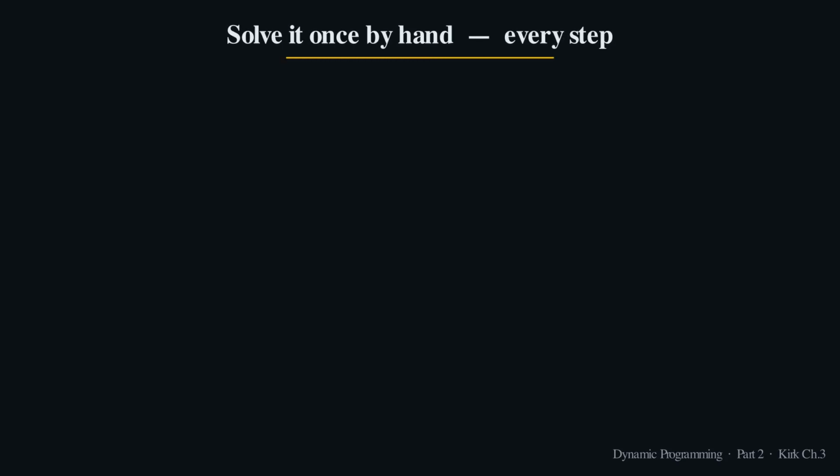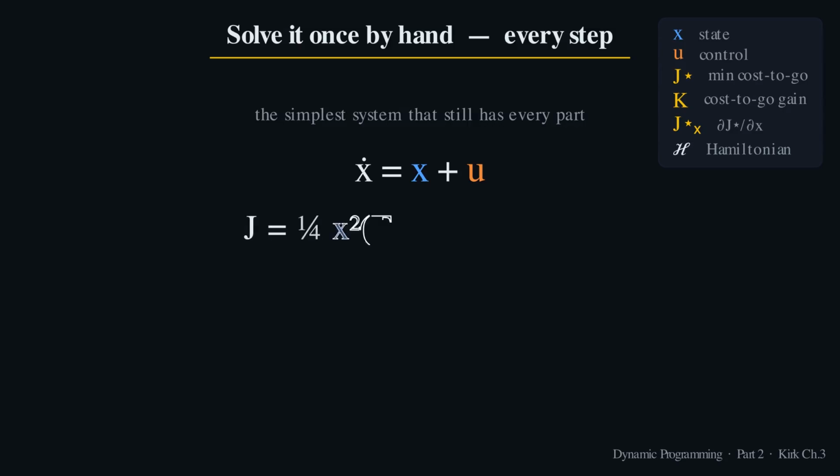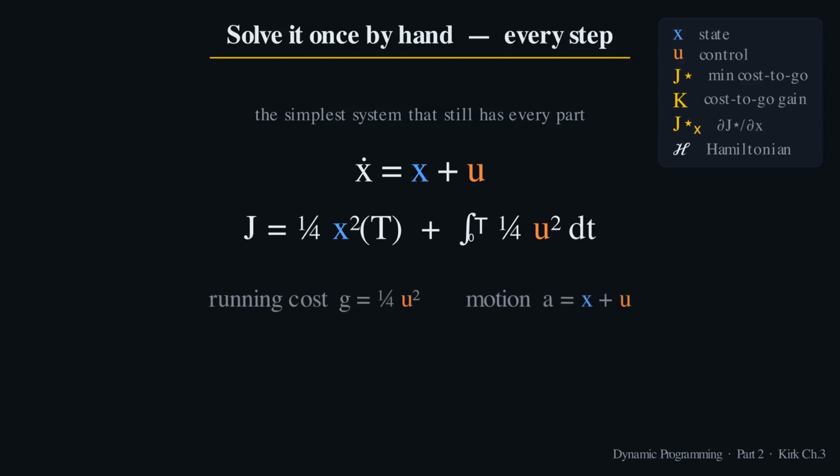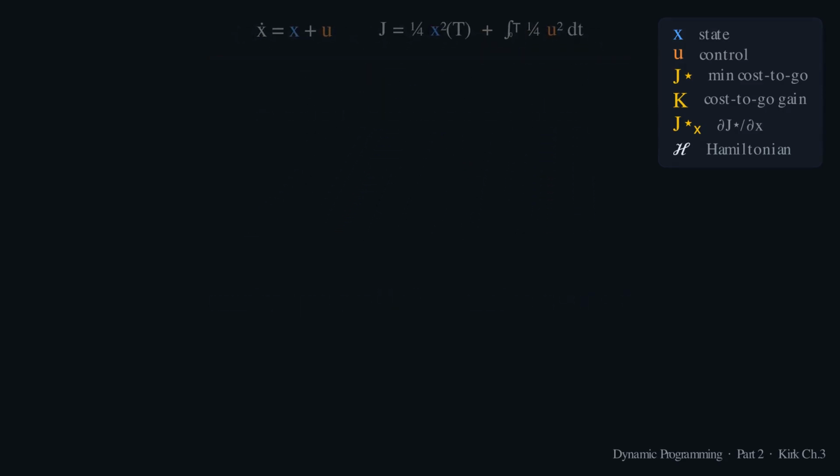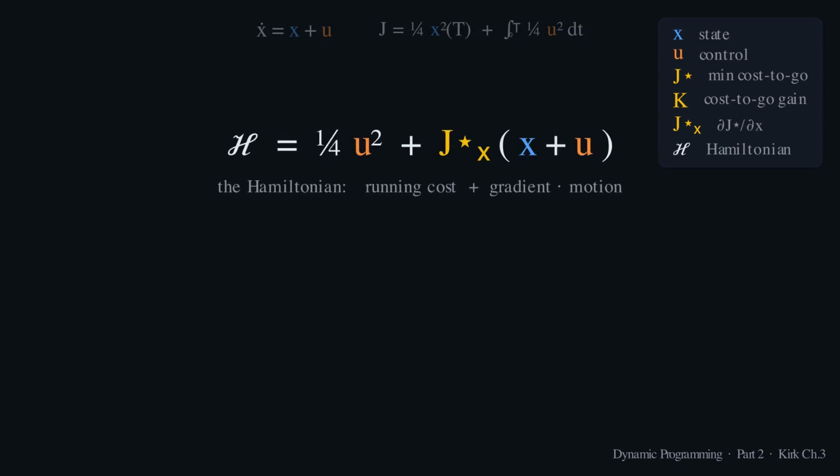This equation deserves to be solved by hand at least once, and slowly, because the trick is the whole subject. Take the simplest system that still has every part. X dot equals x plus u, and the simplest cost, a quarter of the final state squared plus the integral of a quarter u squared. So the running cost is a quarter u squared and the motion is x plus u.